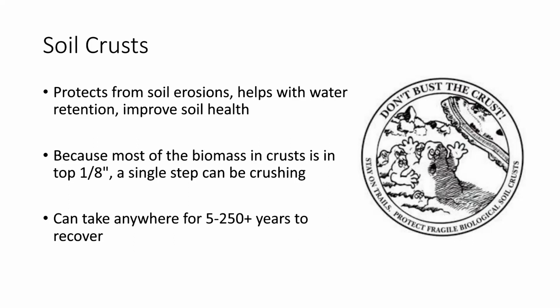But they're extremely important because they're actually biological communities. There's a whole bunch of microorganisms living in those environments. And what they do is they help protect from soil erosion. So they help protect the soil from moving somewhere else. They allow for moisture to be retained. And overall, they're just improving that environment. They're going to allow it to be a more hospitable environment for microorganisms, for other plants, and just the ecosystem as a whole.